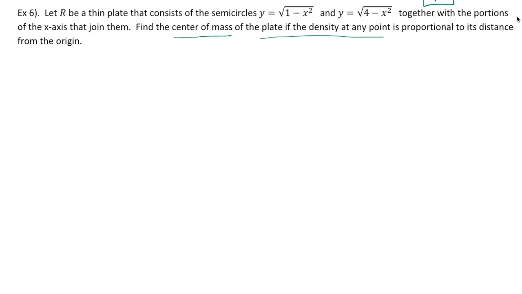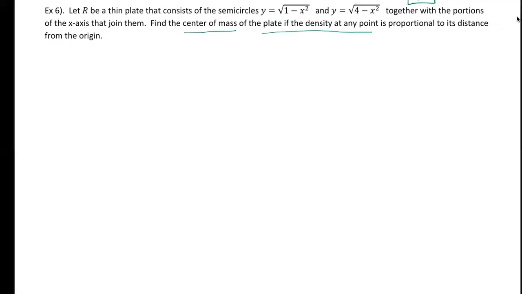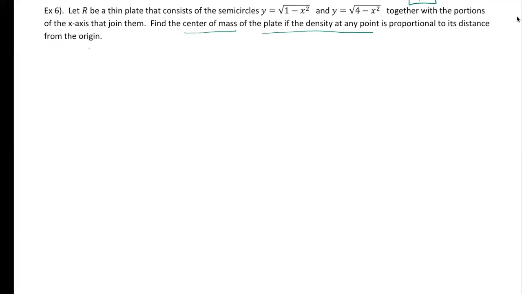Okay, so our region, let's sketch that first. This is these 2 semicircles. So here's one, and here's the next one, and it's the part that joins them. So this is 1 and 2, and let's shade this in.